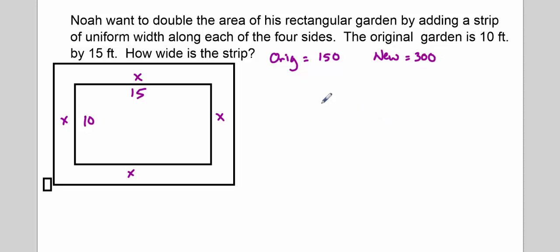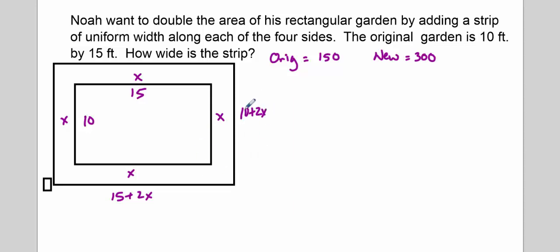In this case, my length of the new figure, notice I start with 15, but I'm adding on this x and adding on this x. So I have a new length of 15 plus 2x, and my width, which was originally 10, I'm adding on this x and this x, so this is 10 plus 2x.